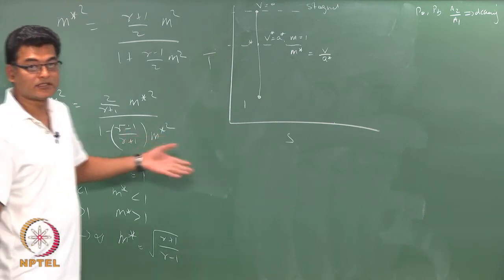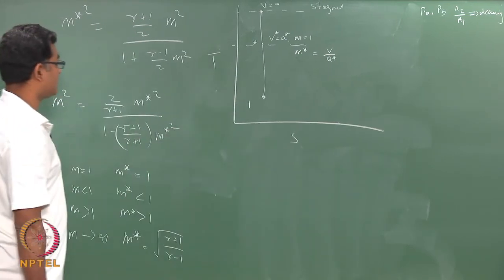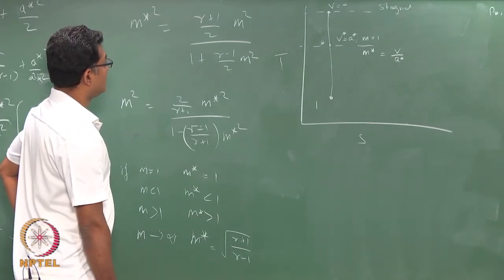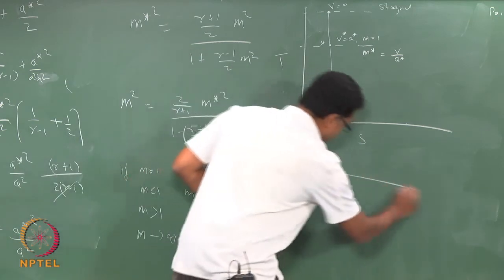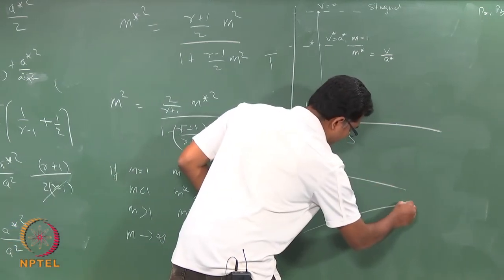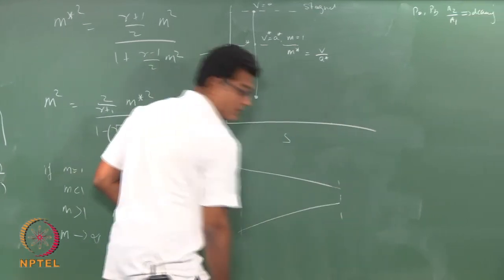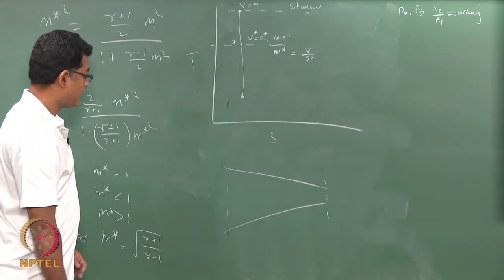Okay, so this is my star condition. This is precisely the process we are doing in a converging nozzle.